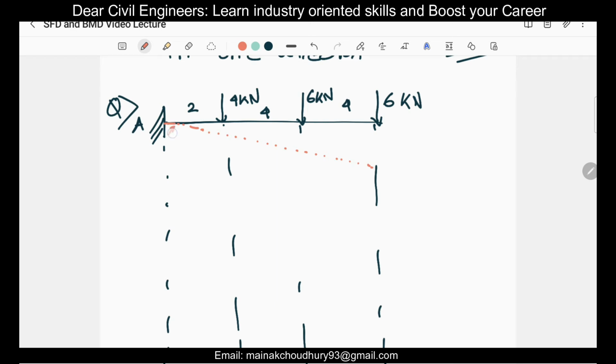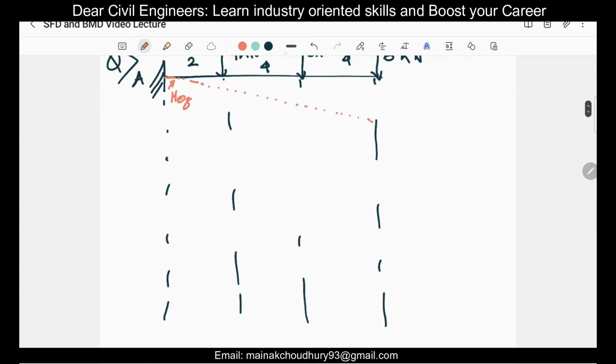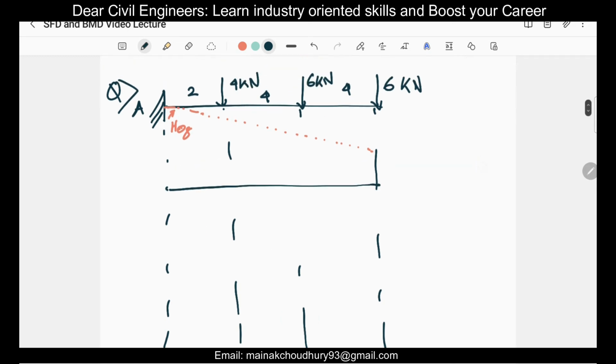Here you can see there is hogging, so there will be a negative bending moment, and obviously all these forces will be taken as negative for the bending moment. First of all, let's take the shear force here. Since this is a fixed beam, no reactions have to be determined. So first of all, let's start from the right. This is 0 obviously, and this is 6.